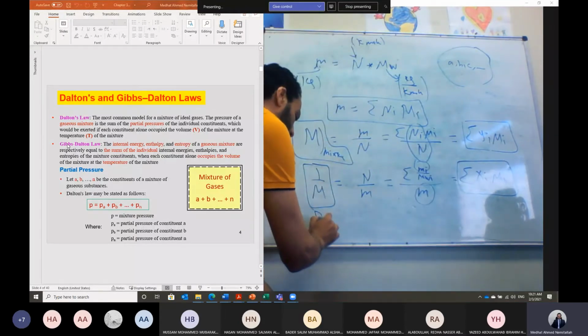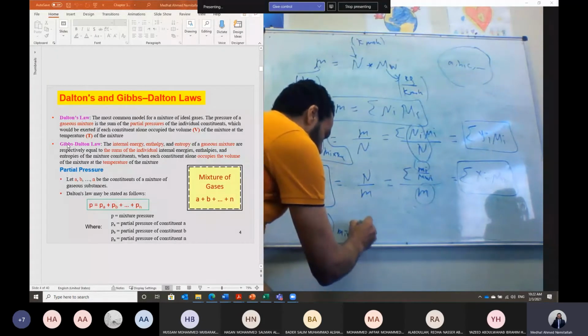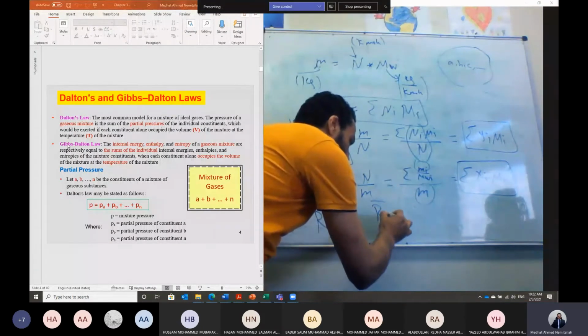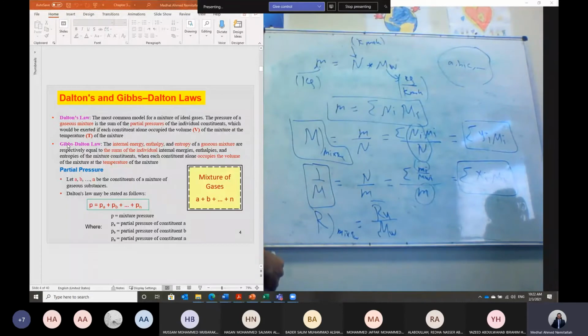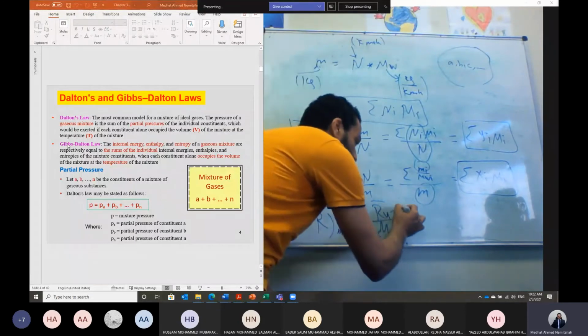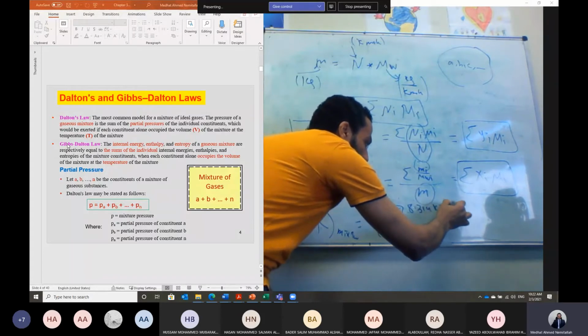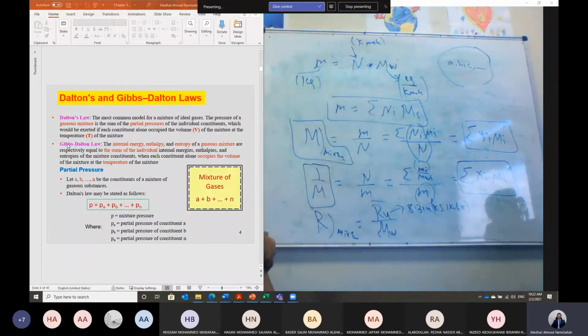But what if I need to calculate the gas constant for a gas mixture? R, the gas constant, is the universal gas constant, R bar, divided by the molecular weight. Okay? The universal gas constant, you know, is about 8.314 kilojoule per kilomole Kelvin. This value should be in mind.